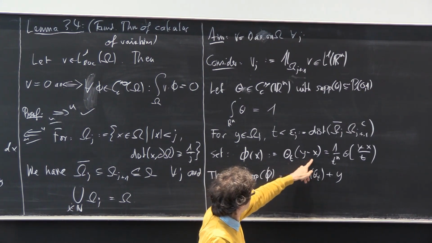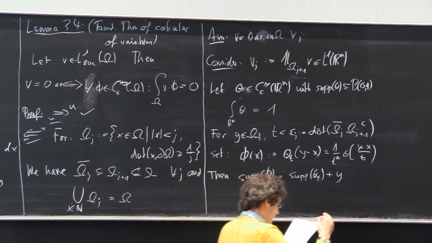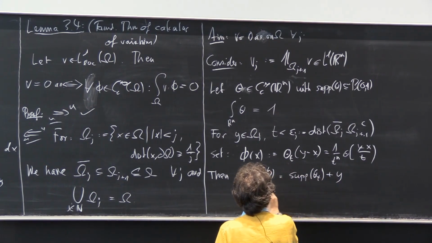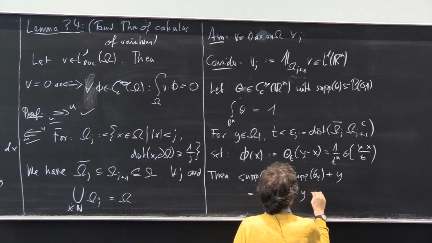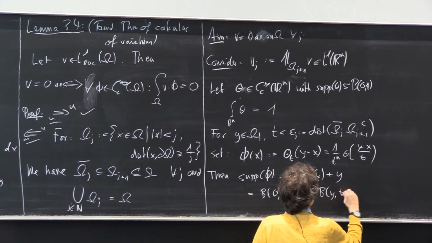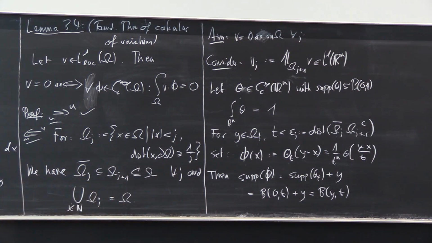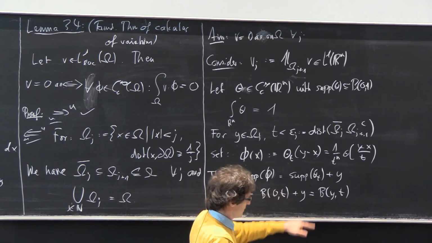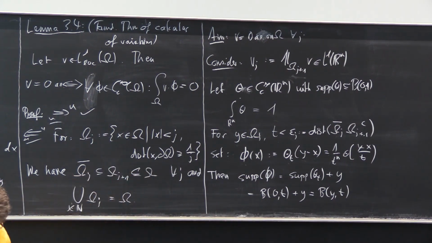So this is shifted by y. And the support of theta t, as this is scaled here, is in the ball with radius t around the origin, and the shifted ball is just the ball around y with radius t. Okay, so this is a function that is supported in this small ball, if t is small, and small t is what we're interested in.